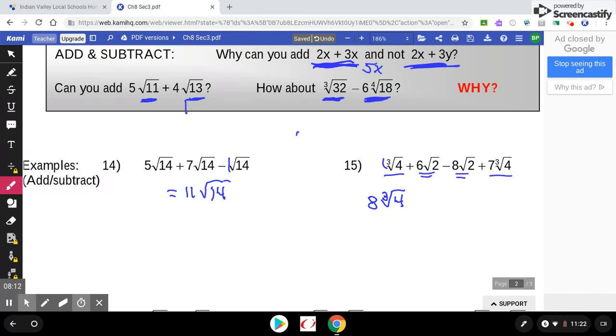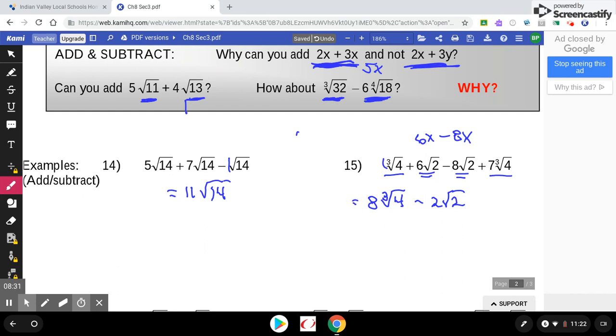So it's like a 6x and a minus 8x. So if they're like terms, we would always take care of the coefficients. So 6 minus 8 is 2. But instead of writing x, I'm just talking about square root of 2's this time. So the part that follows the coefficient stays the same.